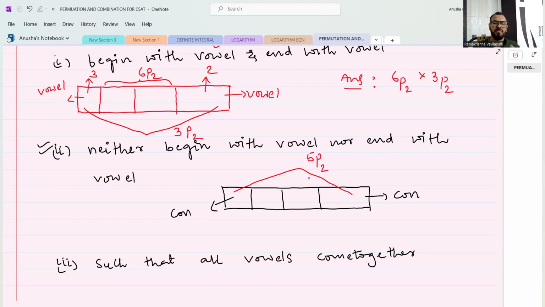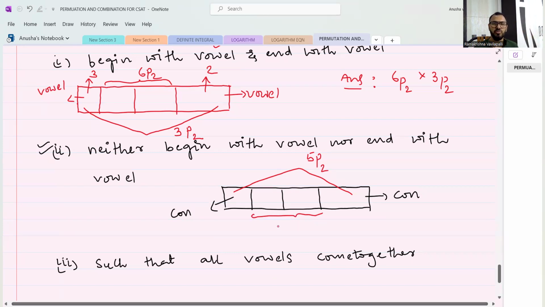Or you can say the first box can be filled in 5 ways, and the last box in 4 ways, using 5 consonants. Now two boxes have been filled with two consonants, so we fill the remaining middle two boxes with the remaining 6 letters. So these two boxes can be filled in 6P2.